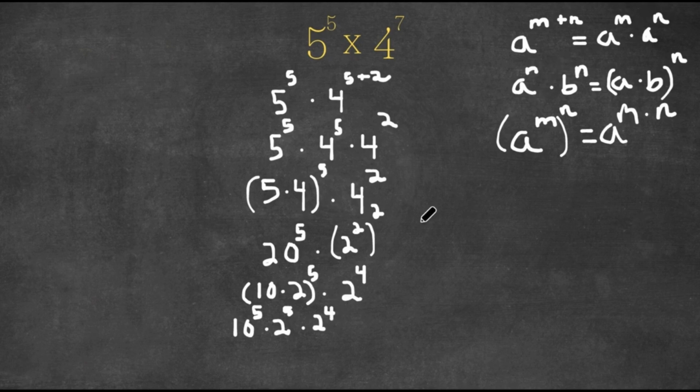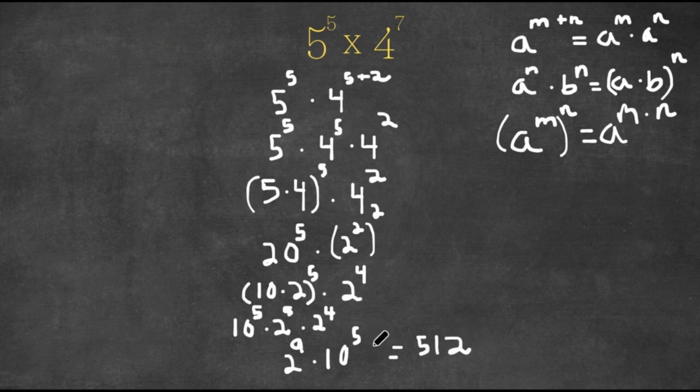And now remember this property: when we're multiplying two exponents, we add our exponents. So 2 to the power of 5 times 2 to the power of 4 is 2 to the power of 5 plus 4, which is 2 to the power of 9, times 10 to the power of 5. Now, 2 to the power of 9 is equal to 512.